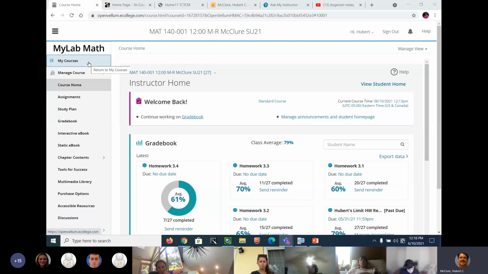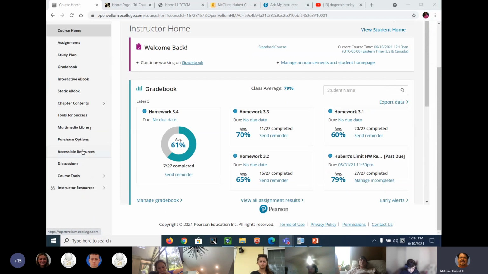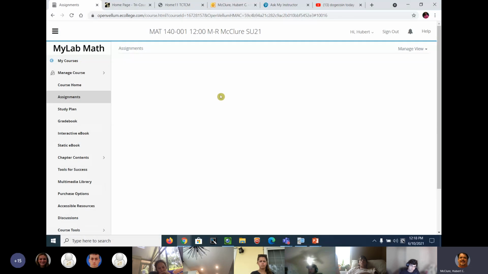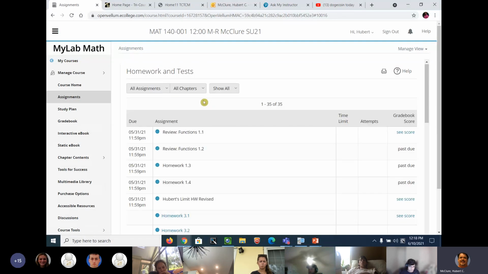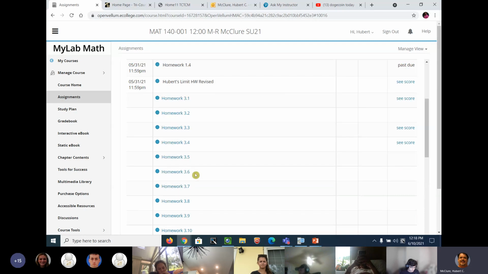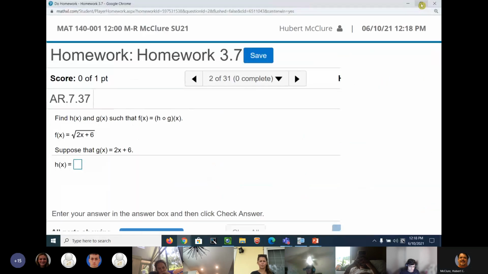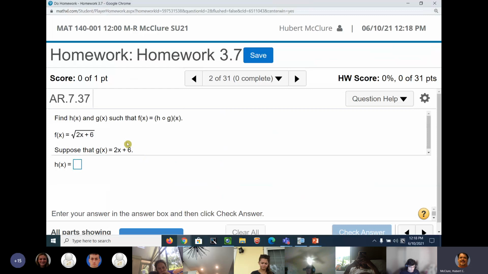All right, so let's go to assignments, and I want to go over chain rule. So let's go to 3.7. I'm going to pull out the problems that I would put on a test. All right, there's a problem right there. f of x is equal to the square root of 2x plus 6.